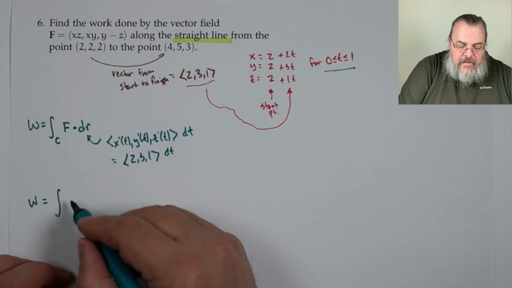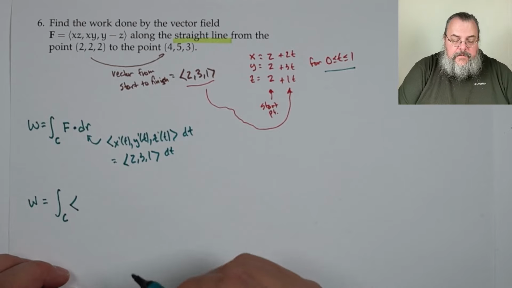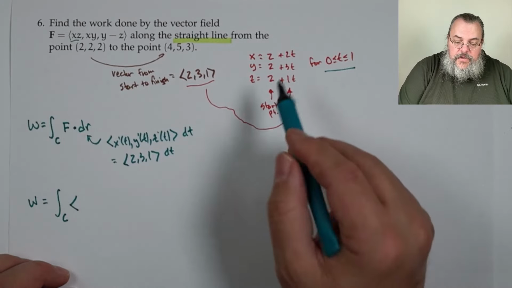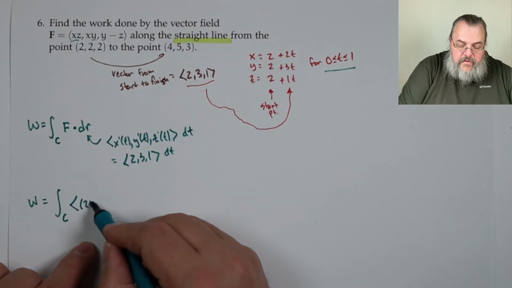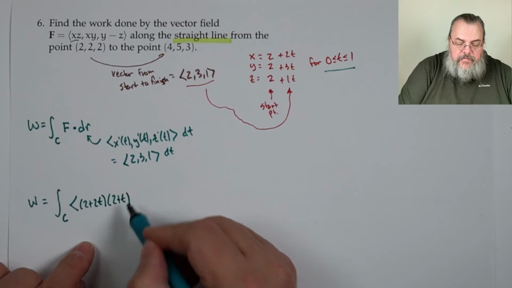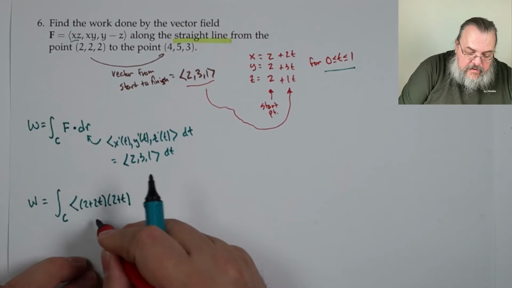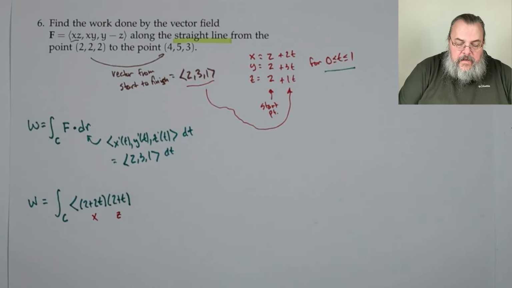Okay, let's first talk about f. What do we have? Well, we have xz. So what we do is we take x, 2 plus 2t, times z, 2 plus t. All right, so I'm going to make some notes underneath here. Our x, z, comma.